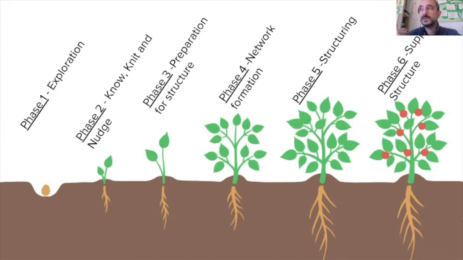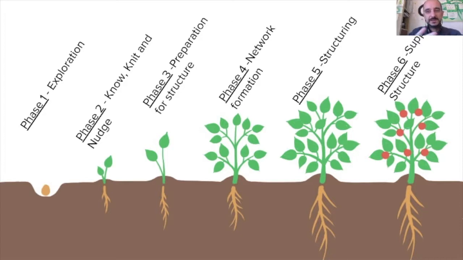The analogy that I like for intentional networks is the one of a forest. We're trying to create a forest, and a forest you can't really plan. You create the conditions for a forest to emerge.